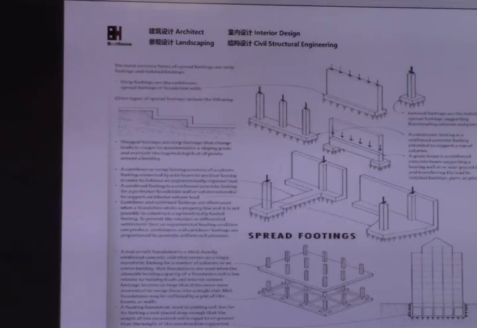So it's a combination. This is just to show you the combination. Also, we have the pad footing in the middle, so this is all a combination. For the high rise, the reinforced concrete frame has a different combination. They have the column and the slab, all combined together.